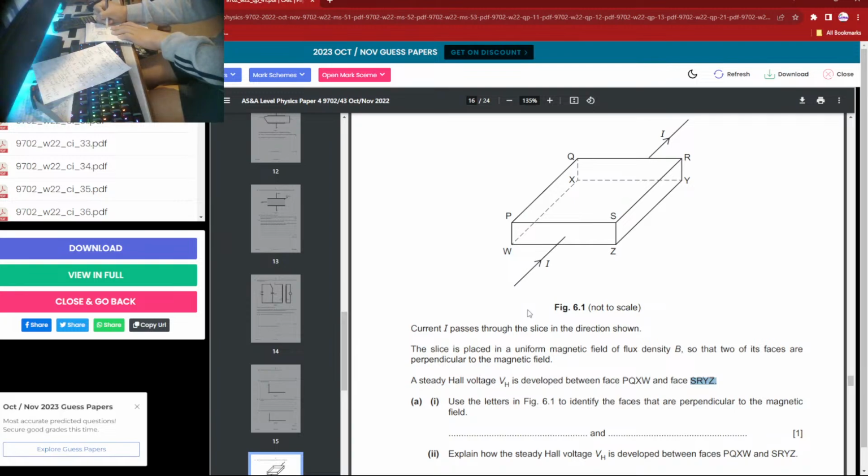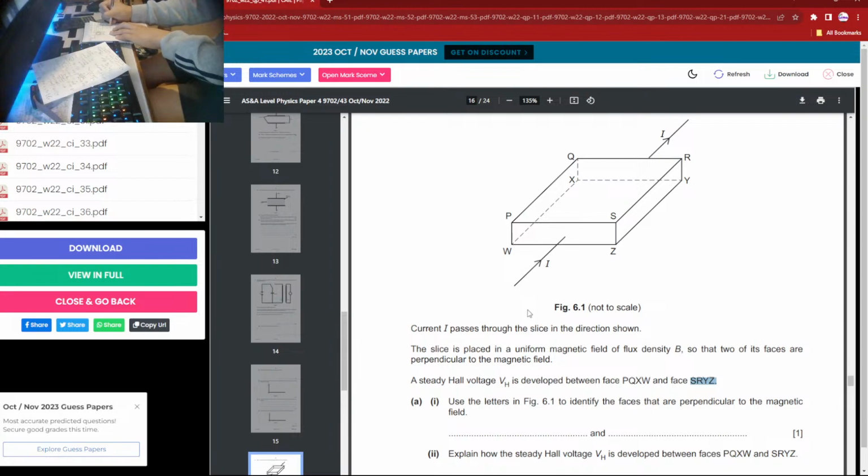Therefore, that face becomes charged while the other face does not. Therefore, there is a potential difference, which is the Hall voltage.